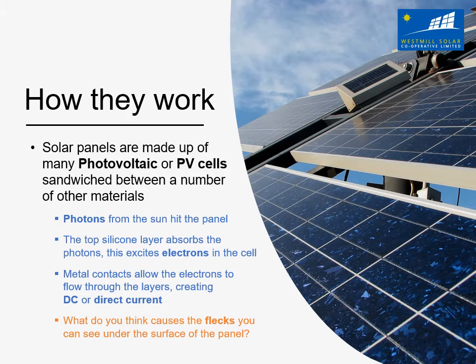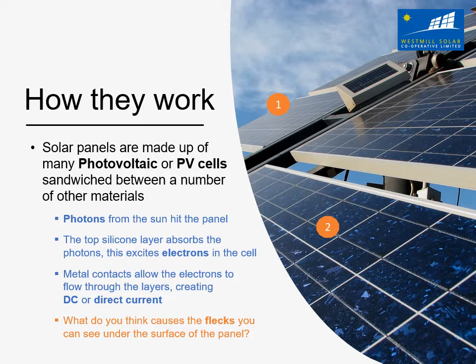So we saw in the last slide that right at the centre of these layers was a PV cell, or photovoltaic cell. Now each PV cell is made from two silicon layers and a metal or silver contact sandwiched in between the glass. So first, photons from the sun hit the panel.